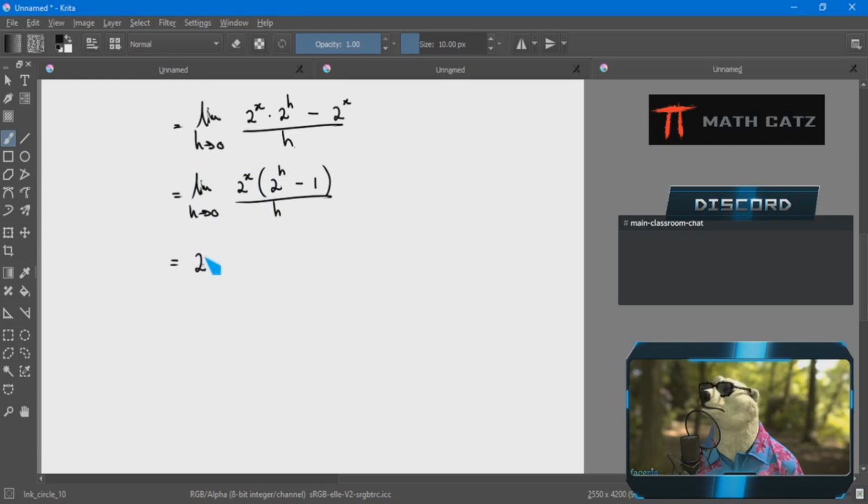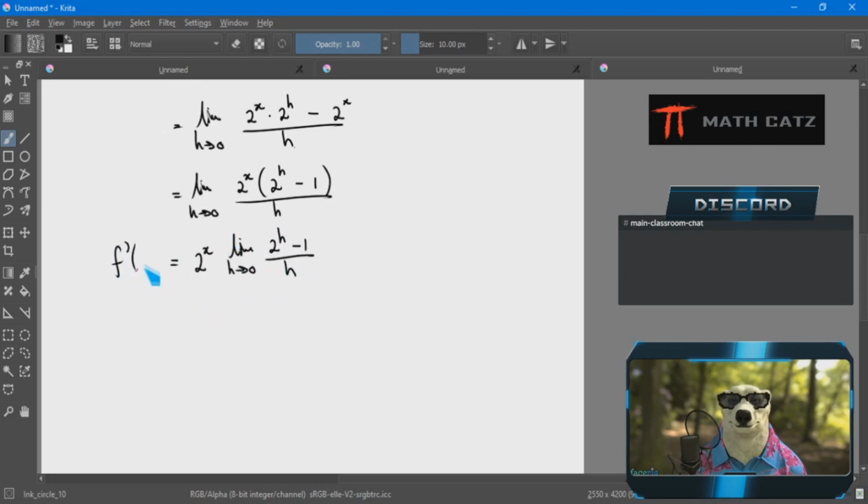I can leave it in front and it doesn't actually change the behavior of the limit because it doesn't have any h's in it. My h's look terrible today.